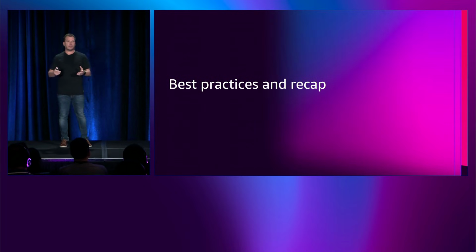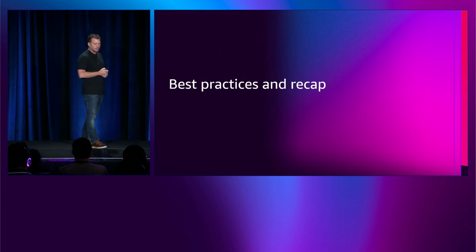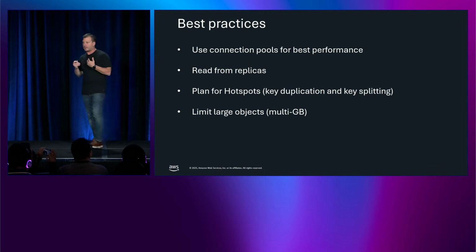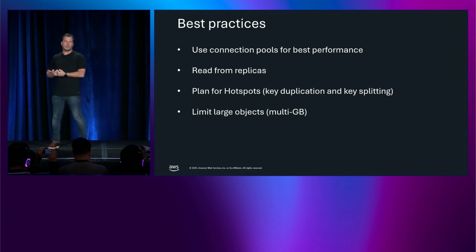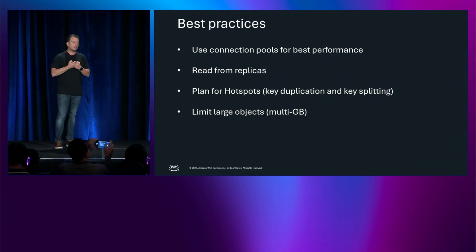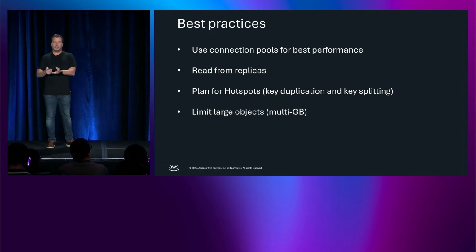Now I want to recap and talk about a few best practices that we learned today. We talked about connection pools and persistent connections. Every time we establish a new connection, it is an order of magnitude more expensive compared to a simple GET and SET command of Valkey.